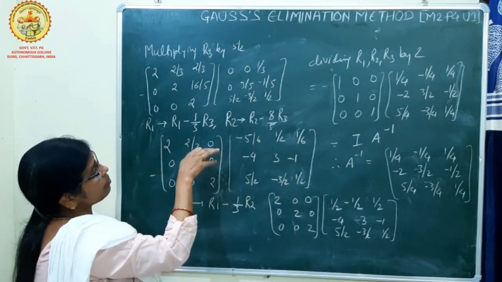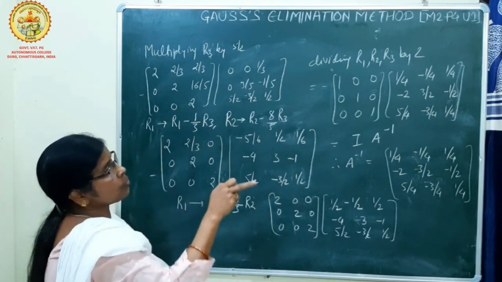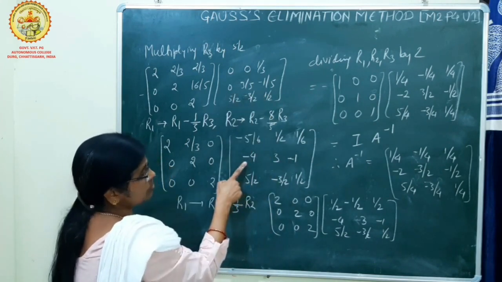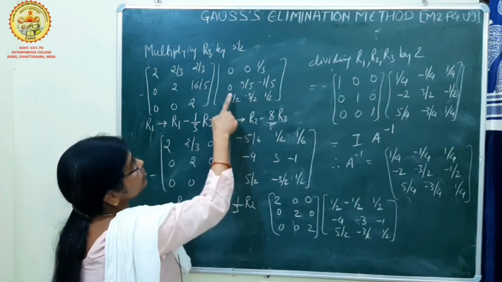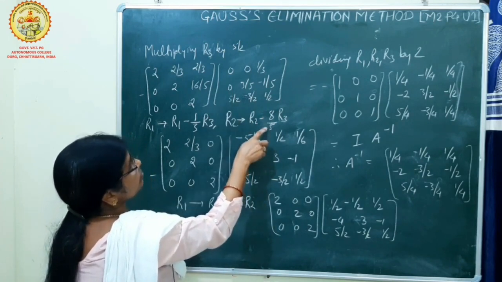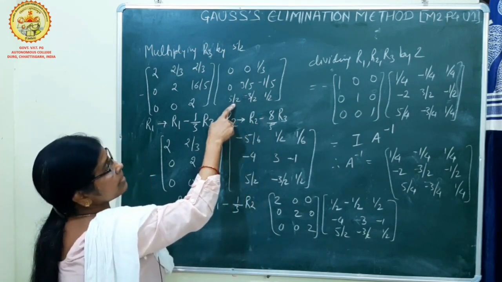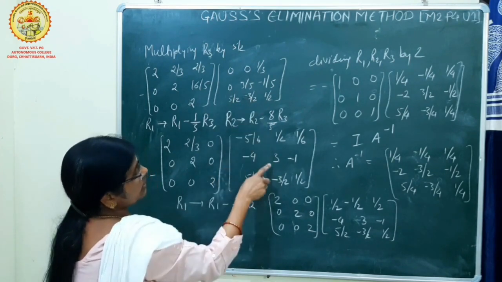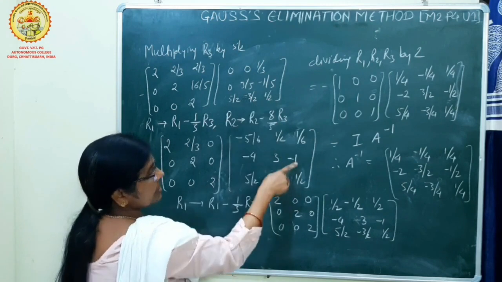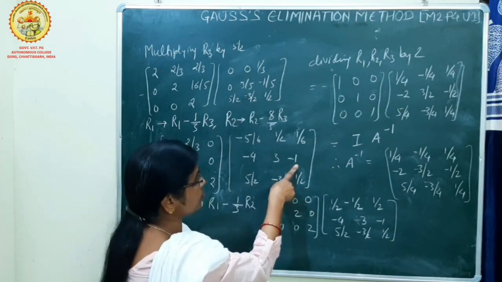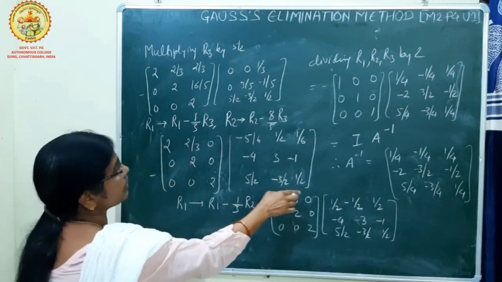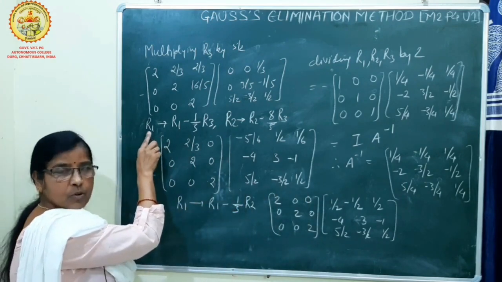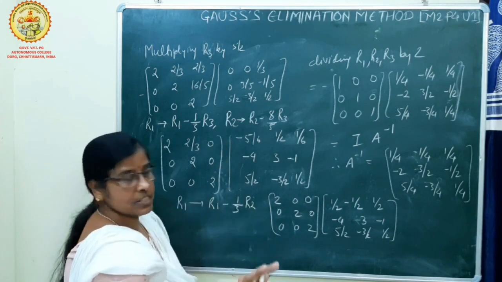Similarly, performing R2 as R2 minus 8 by 5 R3 in second row, which is equal to 0, 4, R2 0 minus 8 by 5 R3. 8 by 5 R3 means it is equal to 4. Next is 3. Similarly, next coefficient is minus 1 and no change in third row R3. So change in R1, first row, and second row, no change in third row.